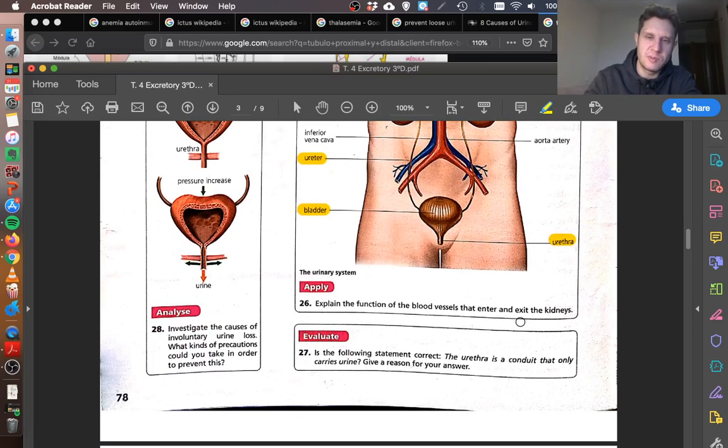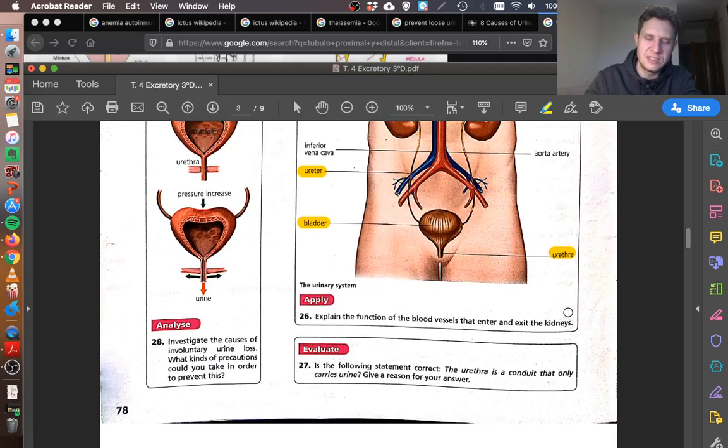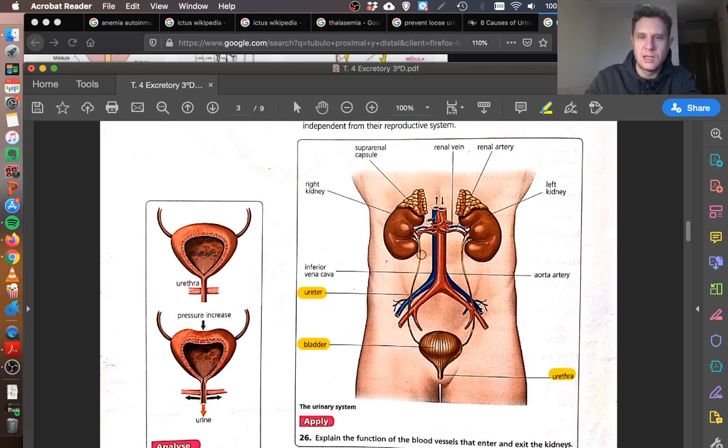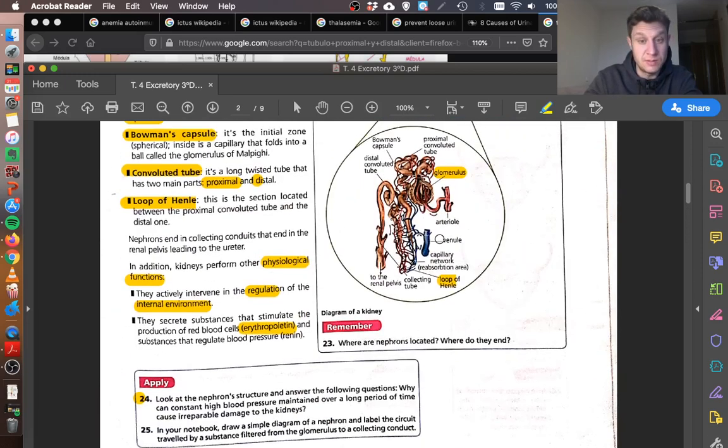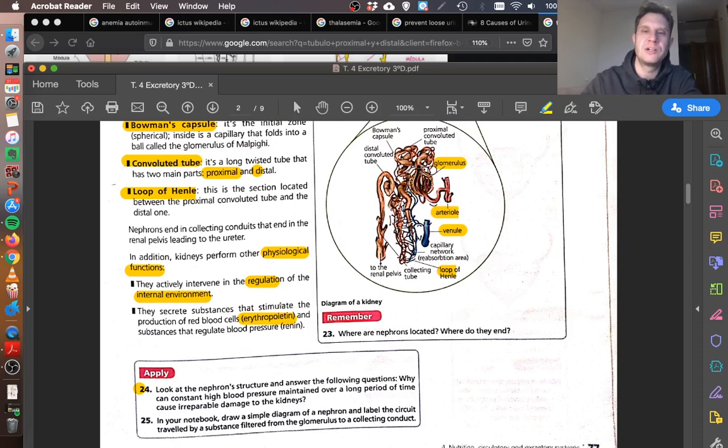Explain the function of the blood vessels that enter and exit the kidneys. Of course, very easy to understand, and this is very important. Arteries and veins are different. Arteries go in and veins go out. Very interesting.